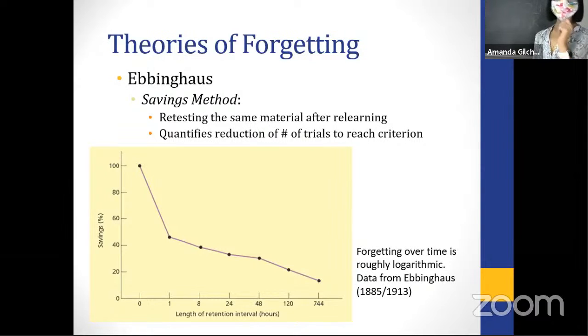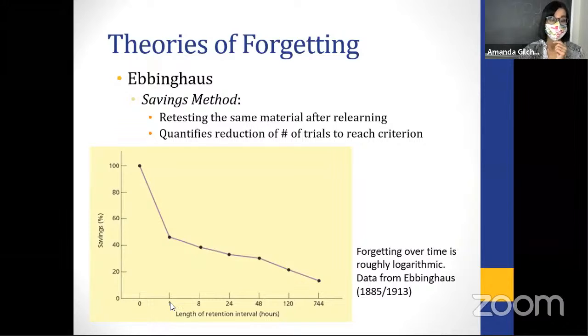So he'd learn it until it was learned absolutely perfectly. And then, depending on the situation, he would wait a certain amount of time before he would try to recall it again. So in some cases, he recalled the list immediately, which you can see here on the x-axis.